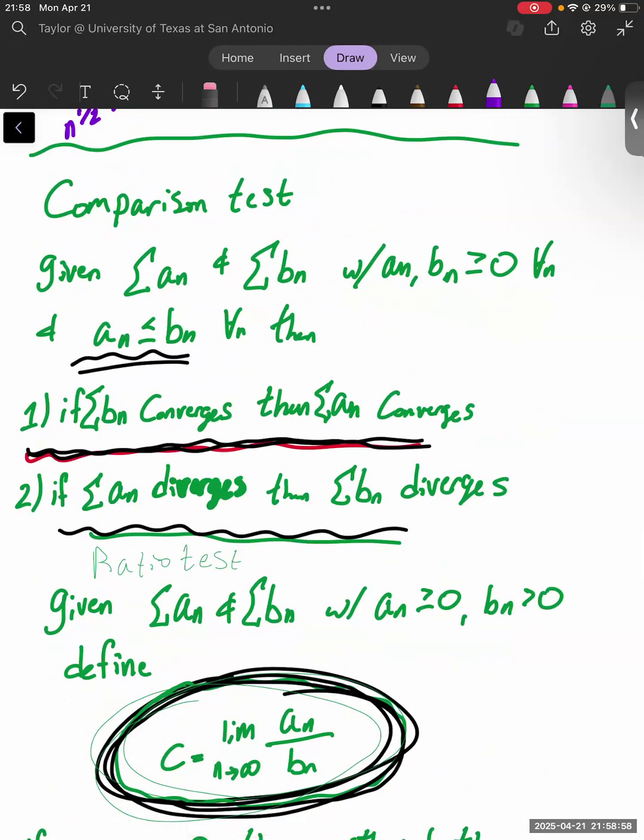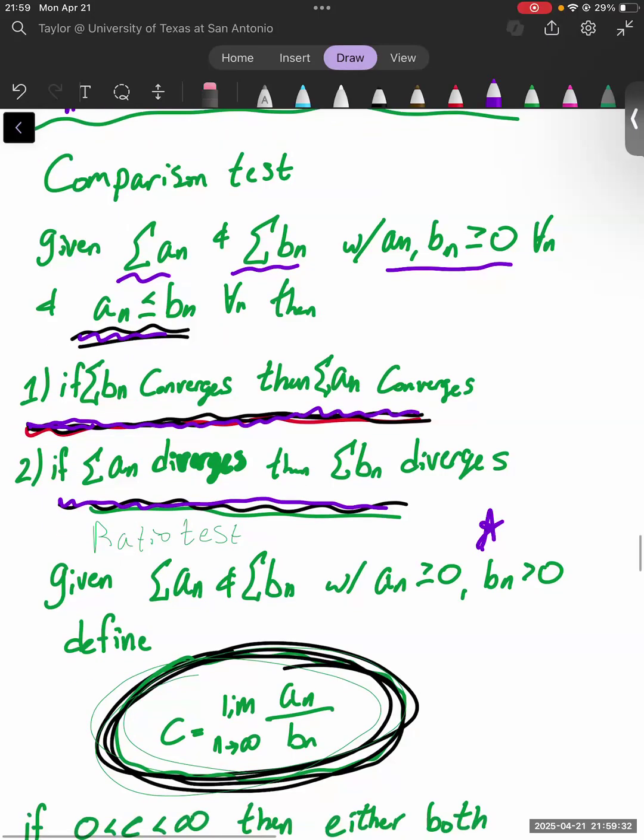All right, so this is the limit comparison test, and I think the ratio test, it's not in my notes as the ratio test, I'm not 100% sure. But the comparison test states that given the series An and Bn, with An and Bn being greater than 0 for all n, and An being less than or equal to Bn, then if the series Bn converges, then An converges, and if An diverges, then Bn diverges.